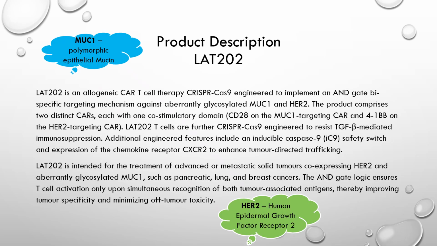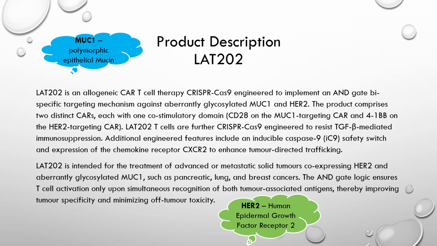This is the second product, and it is an off-the-shelf allogeneic product, LAT202. It is engineered by genome editing using the CRISPR-Cas9 system and has an AND gate bispecific targeting mechanism. The AND gate means that it is bispecific, so there are 2 CARs.